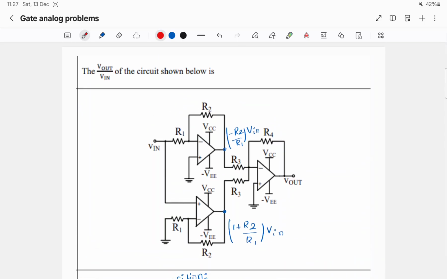This is also a simple problem. So we know that for an inverting amplifier, the input is applied to the negative terminal, which is like this.